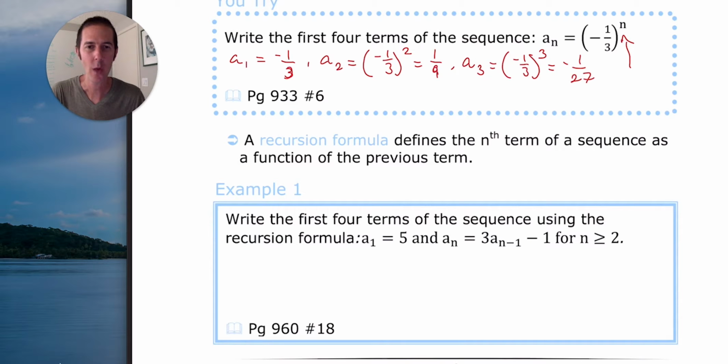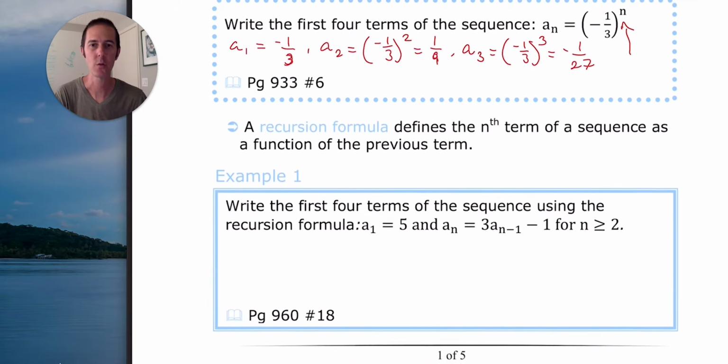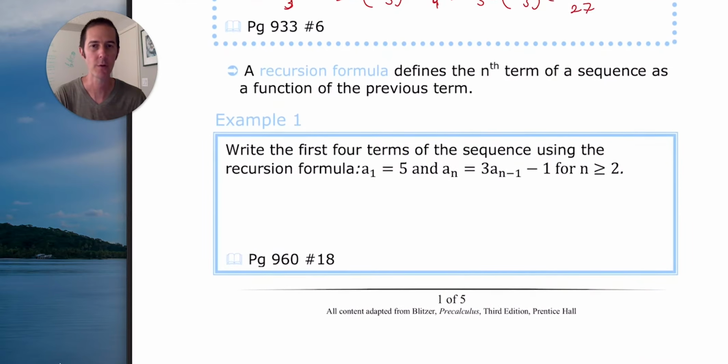There's another way to go about generating the terms of your sequence, and that's using a recursion formula or a recursive formula, which defines the nth term, n with the th, of a sequence as a function of the previous term, or sometimes the previous terms.